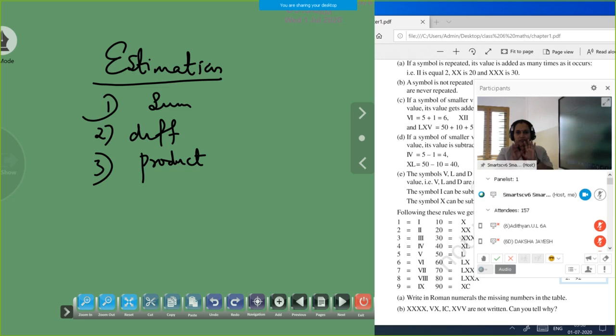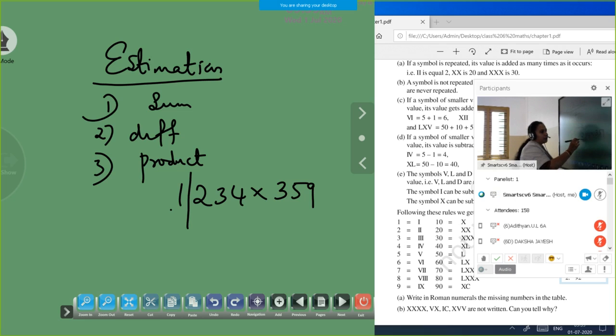Then for product, they will not ask you like that. They will give you numbers, for example 1234 multiplied by 359. If the numbers are like this, you have to round each number according to the greatest place value. Here the greatest place value is 1, here the greatest place value is 3. Here you estimate to the thousands place, here to the hundreds place.